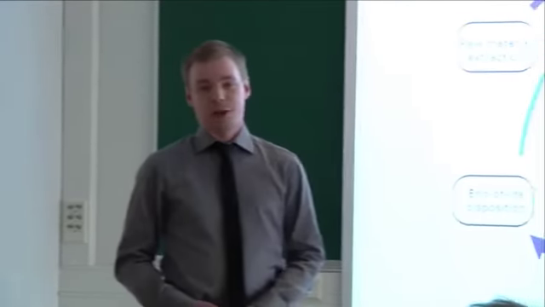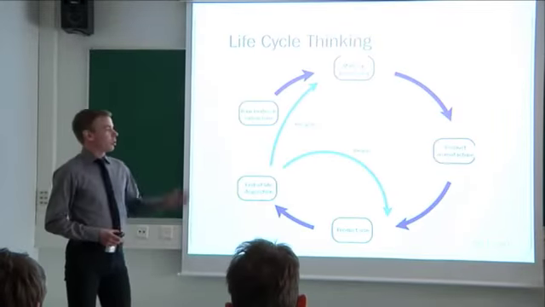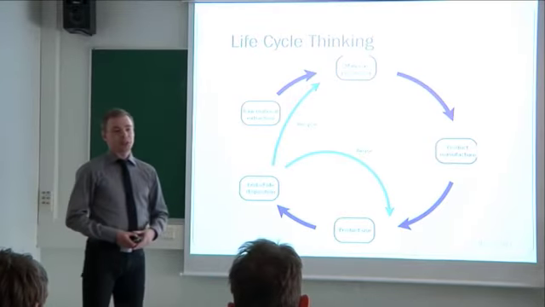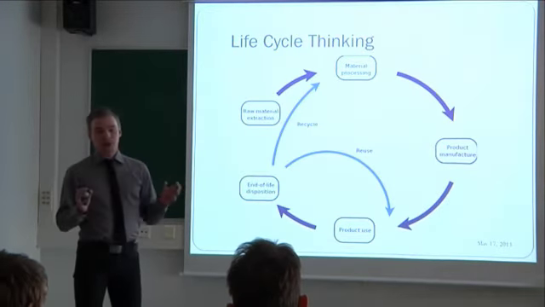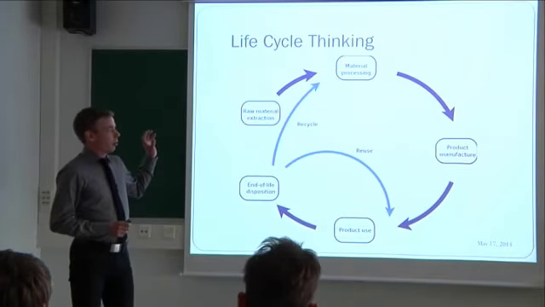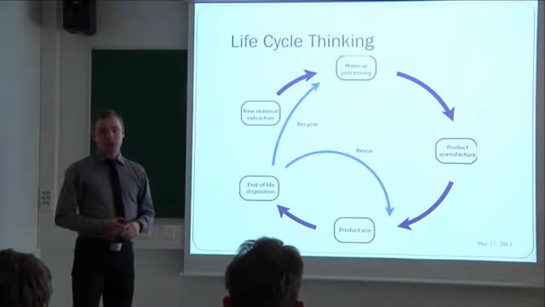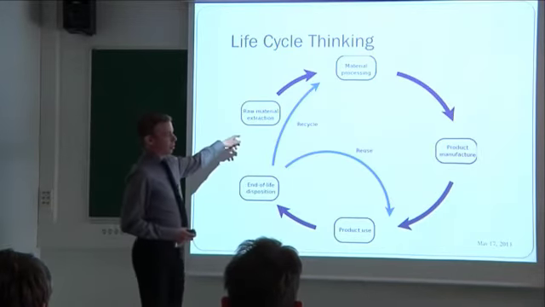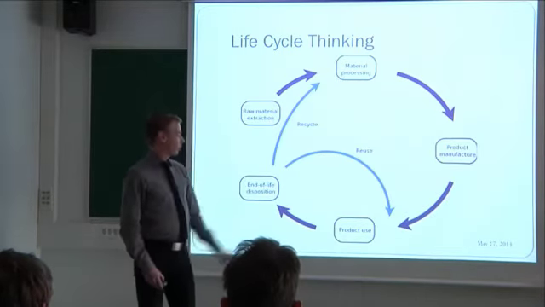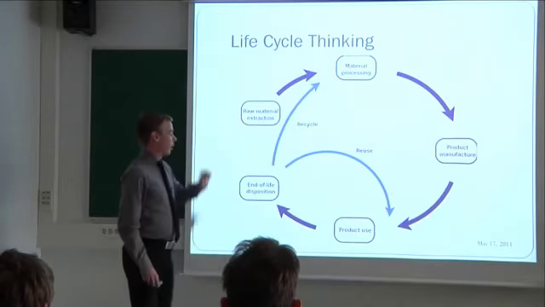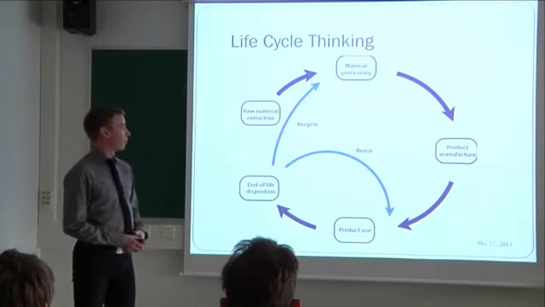So, to find the right balance between the good sides and the bad sides, pros and cons, it's good to utilize life cycle thinking. Life cycle thinking means that in environmental context, you take into account all the different steps during the product life cycle, starting from the raw material extraction to material processing to manufacturing the product, using the product, and finally the disposal or recycling of the product or material.